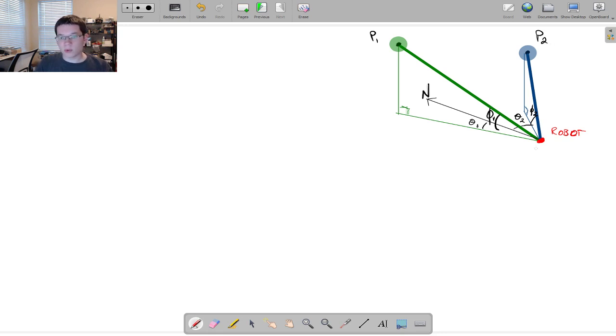I want to know, where am I? And I have coordinates for this: x1, y1, z1. This is x2, y2, z2. And I want to know what is my x, y, and z.